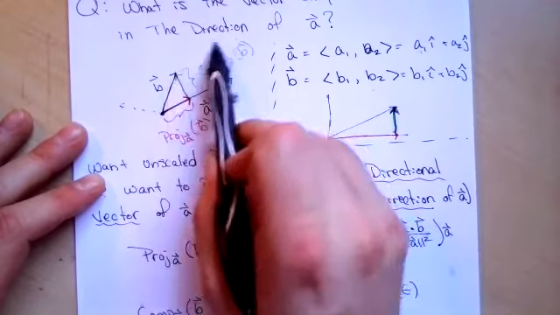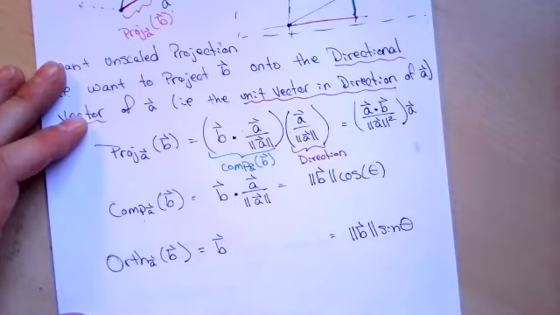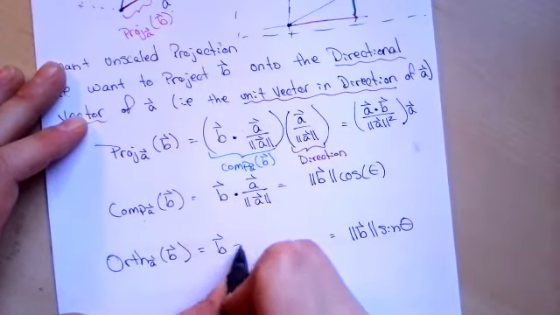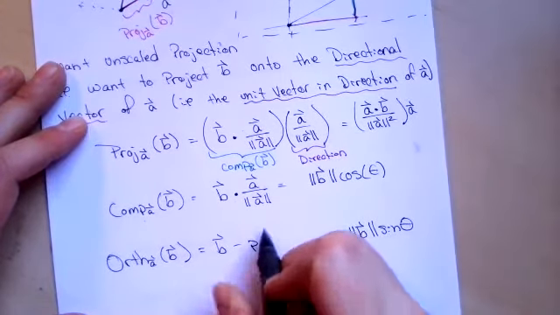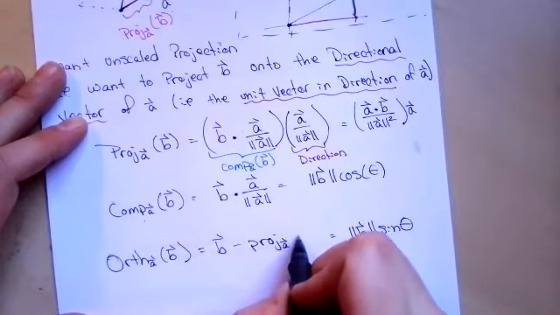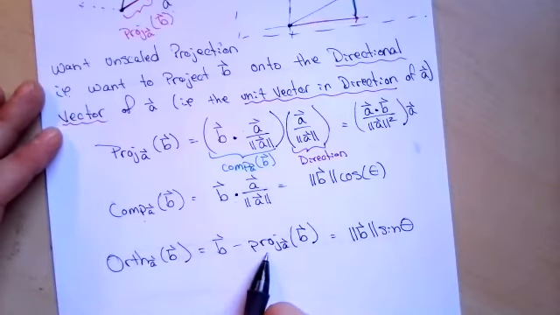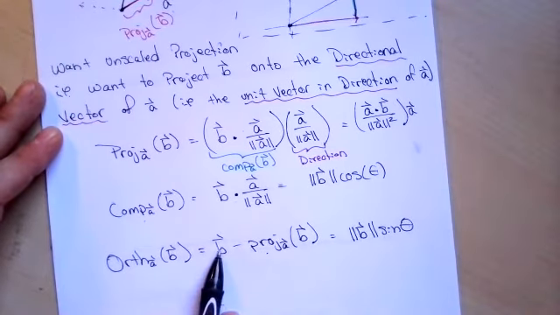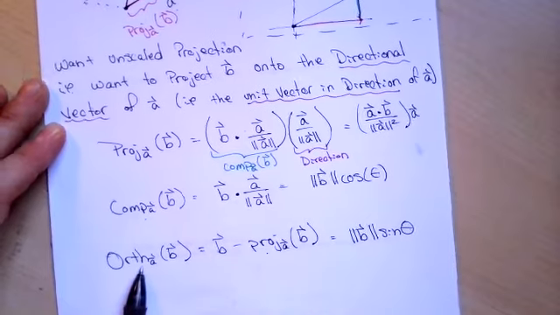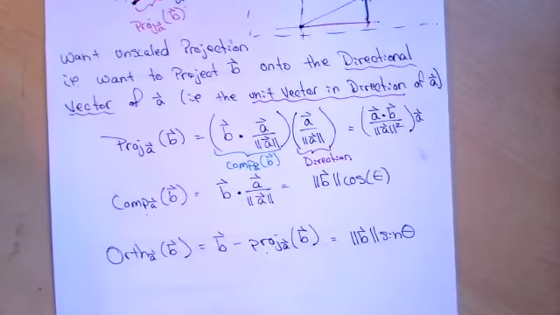If we wanted to just find the orthogonal component, we could start with the original vector B and then just subtract off the projection. Another term we call this projection is the parallel component. So if I take B and subtract off the parallel component, we're left with the orthogonal component. And I'll leave it to you guys to check that this should compute B sine theta.